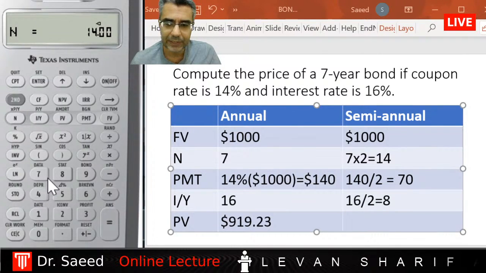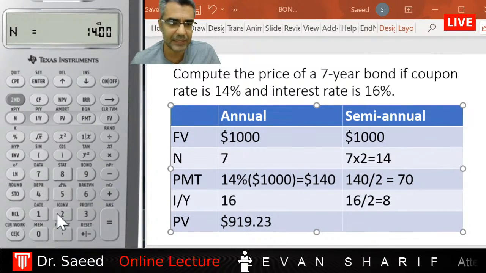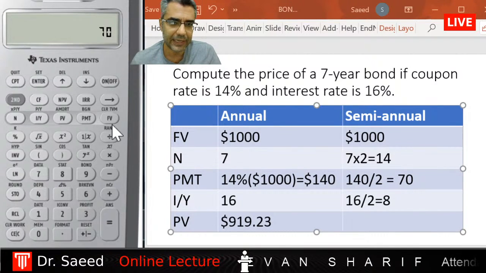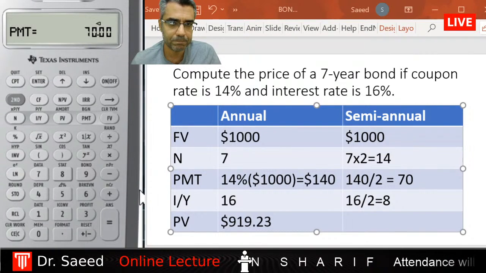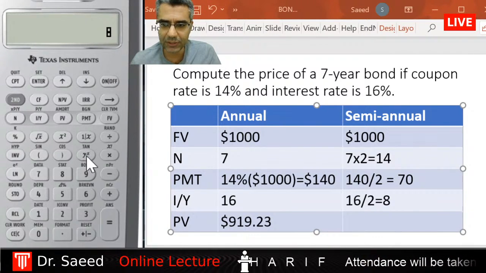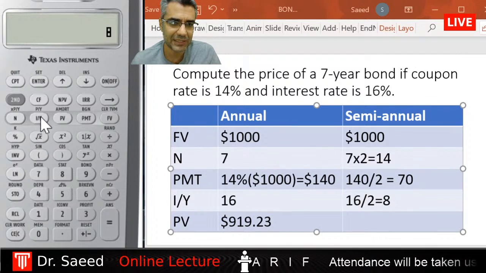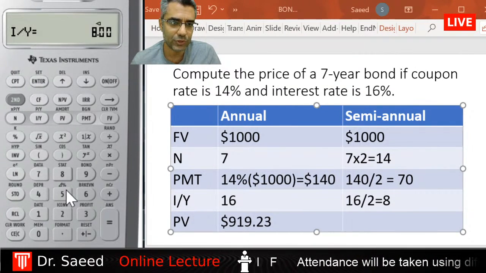Next one, 70 and PMT. PMT is here, right? Then 8% interest. Press 8, then assign it to I over Y, which means the market interest rate, or yield to maturity interest rate.